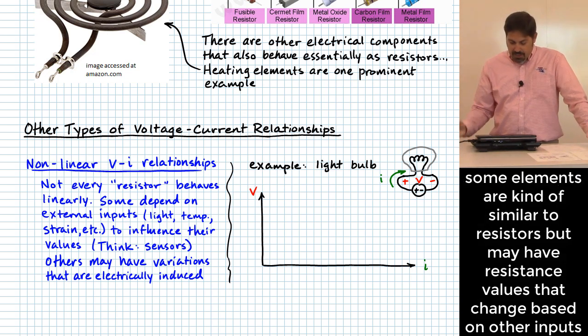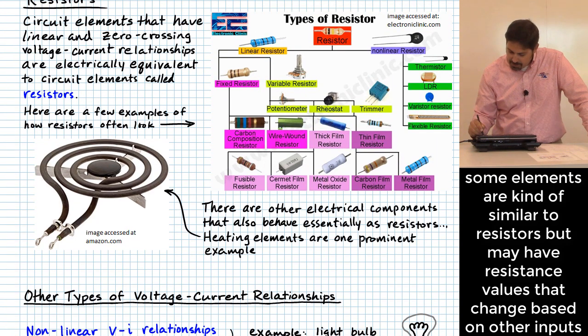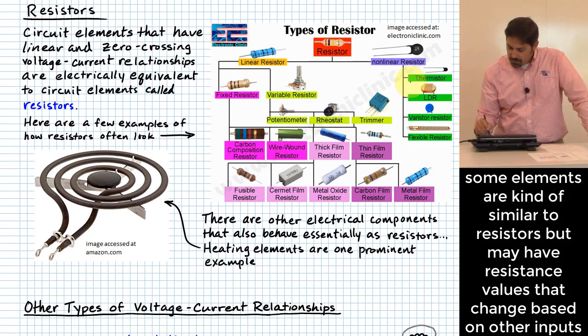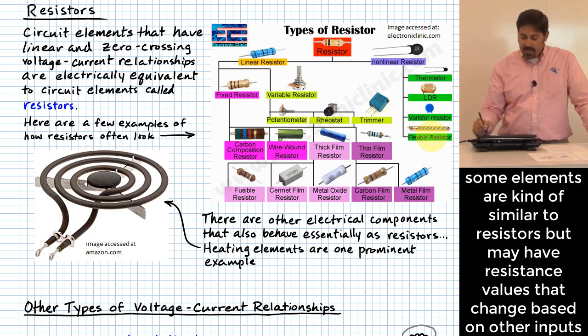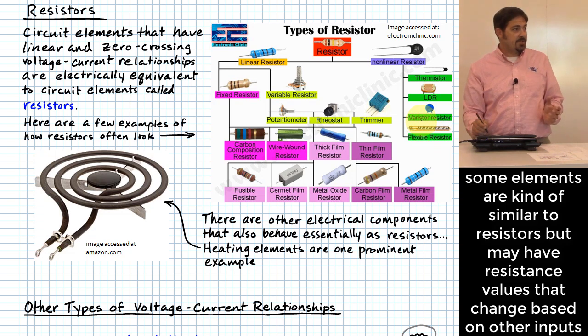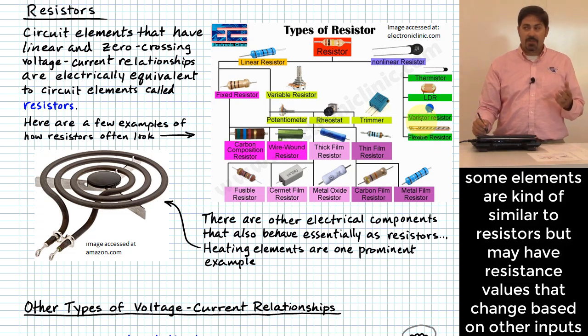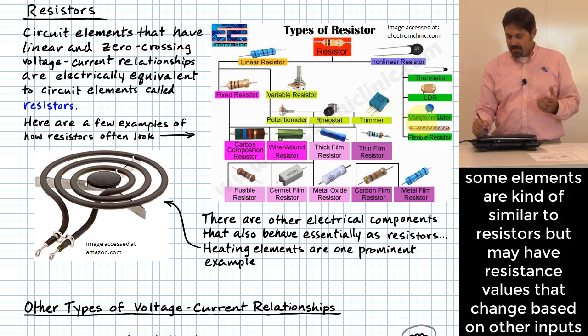And so there's a couple of examples I put on here, and a couple of those actually were on this little list of things up here. You'll notice over to the right, it calls these nonlinear resistors, and a few of those look like they are essentially resistors designed to sense things, right? A thermistor. This is a light detecting resistor, right?